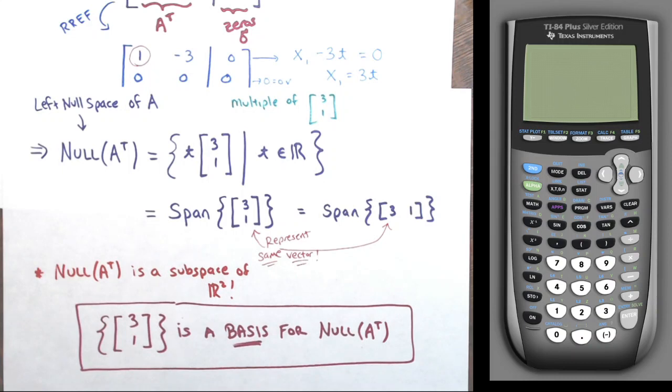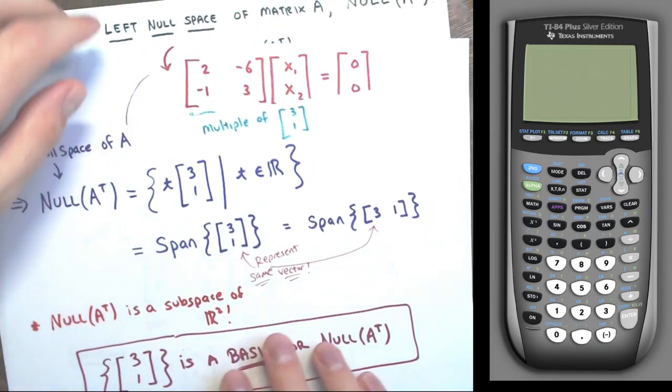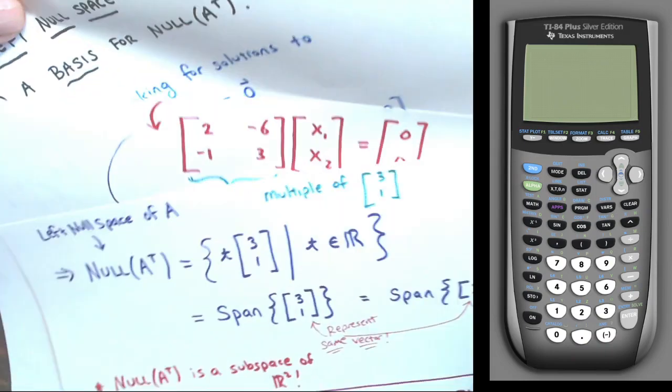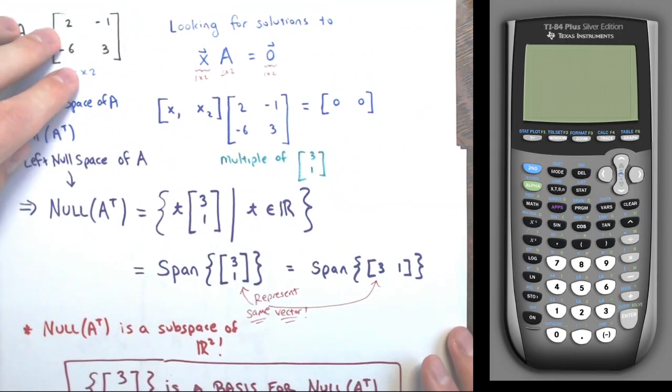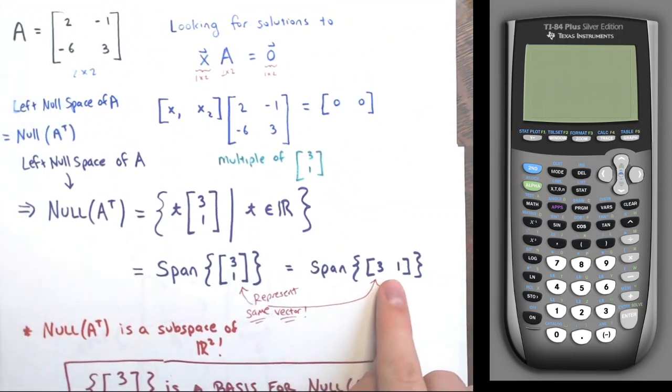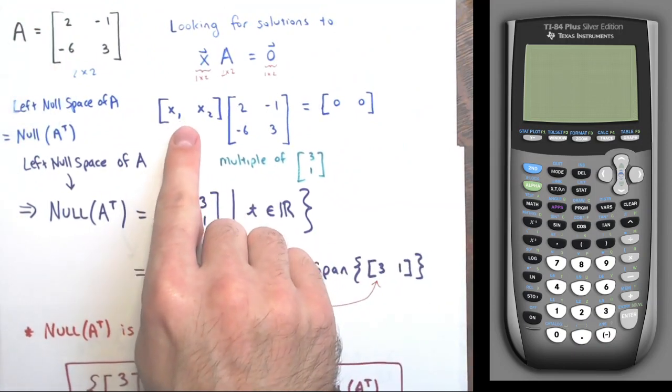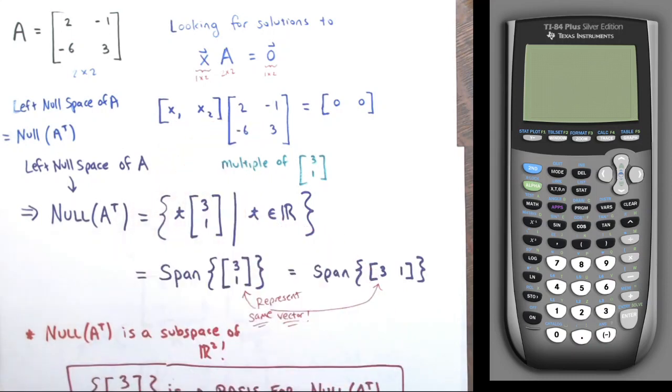Now, hopefully that looks familiar. Finding the null space of a matrix, except we're finding the null space of the transpose. If you want to check, go way back to the beginning here. Is the span of this vector really a solution when it's on the left side, really part of the left null space?